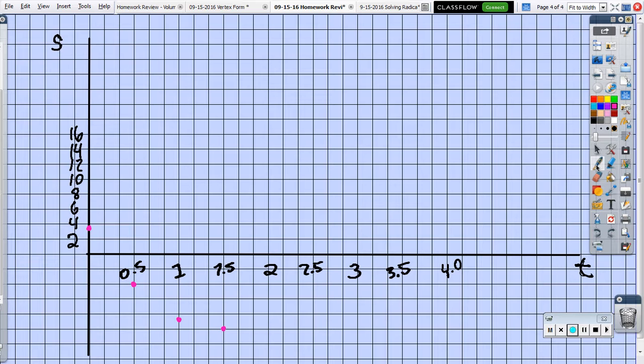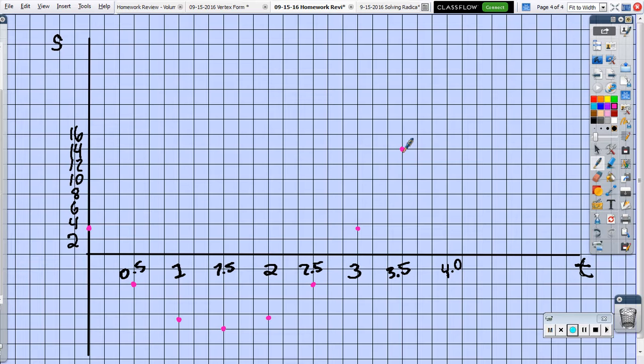This should be in line with that one. 9 would be halfway, so halfway to halfway. And then we have 2.5 at -4. At 3 it goes up to 3.5. And then at 3.5 it goes to 14. 2, 4, 6, 8, 10, 12, 14. And then finally at the 4 second mark, its position is 27.5 feet.